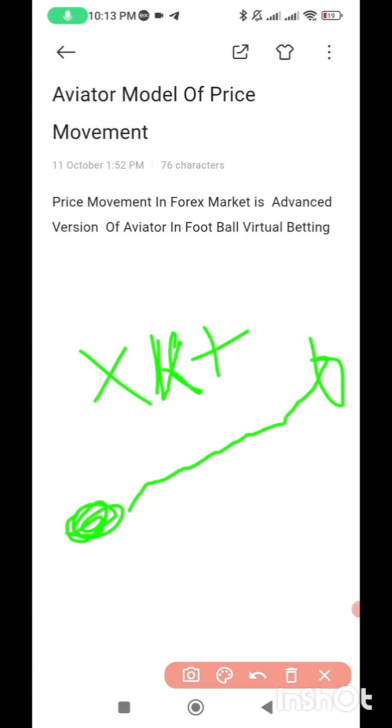So if your prediction is correct, you're going to win by the factor of k. If it is wrong, you're going to lose your stake.